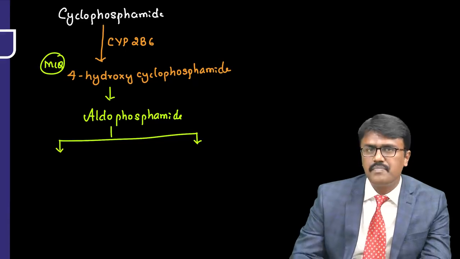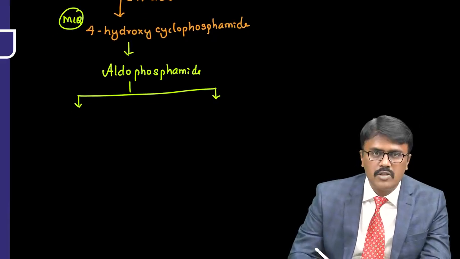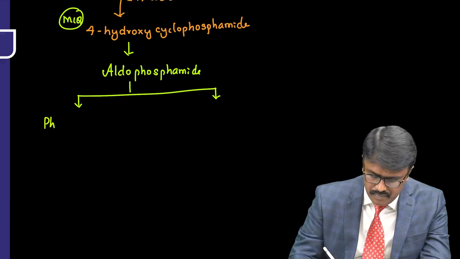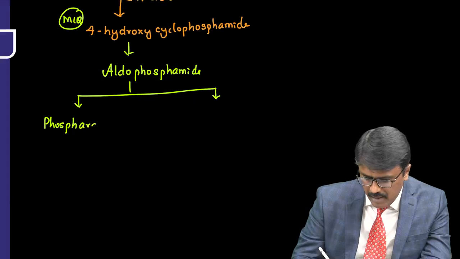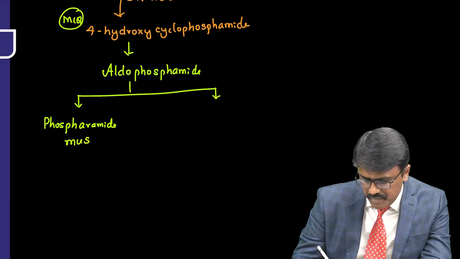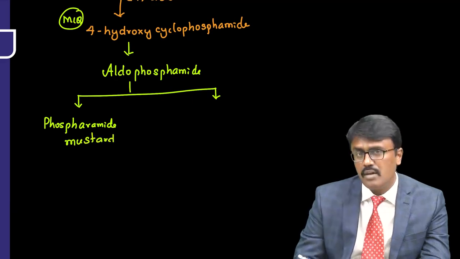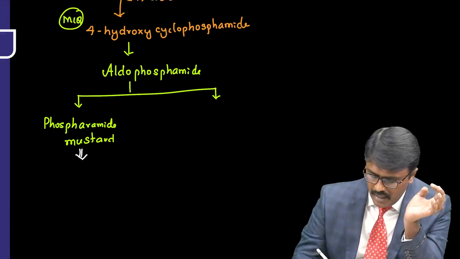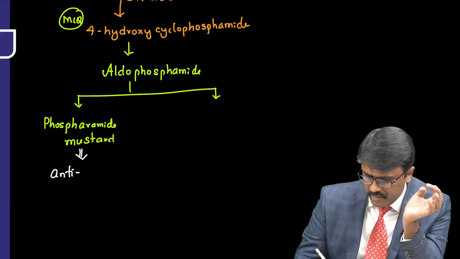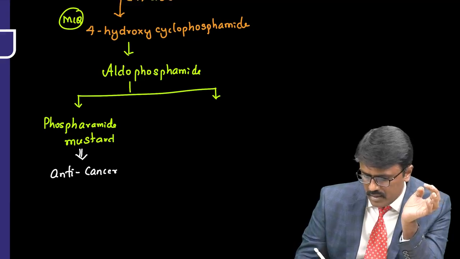What is that? It will give rise to phosphoramide mustard. So it is called phosphoramide mustard, and that is the one which produces the anti-cancer effect.